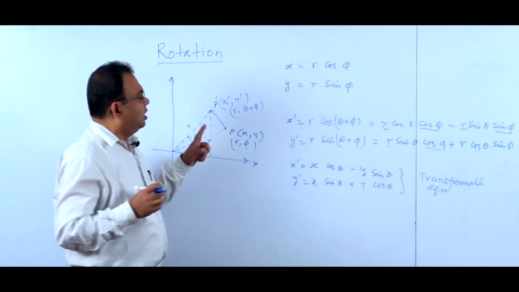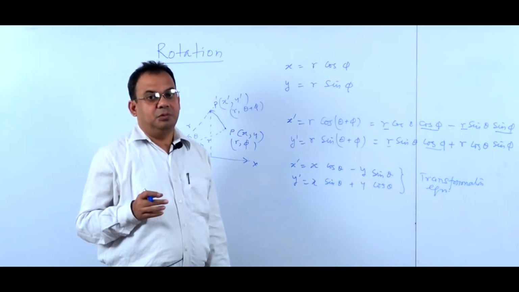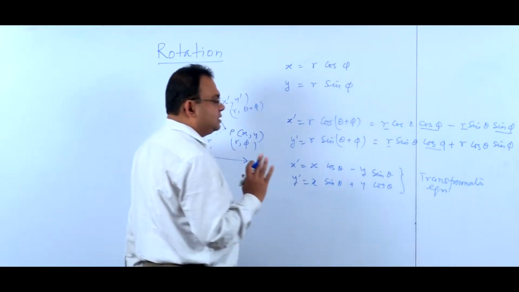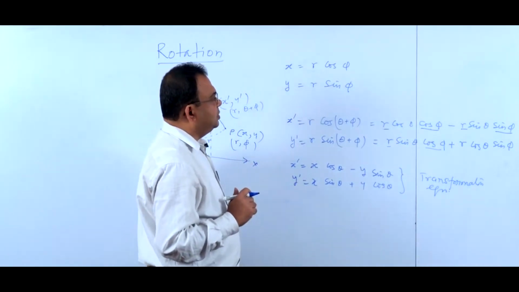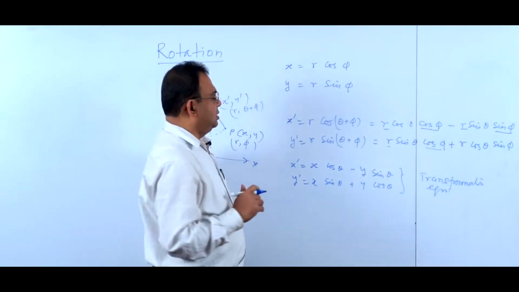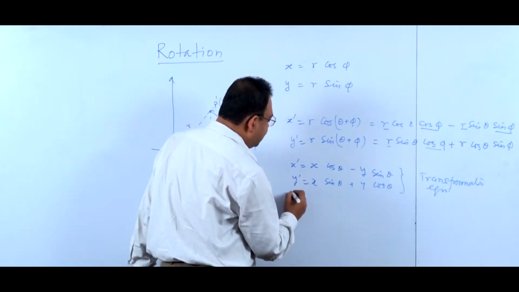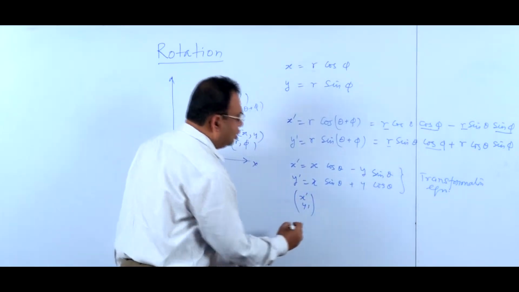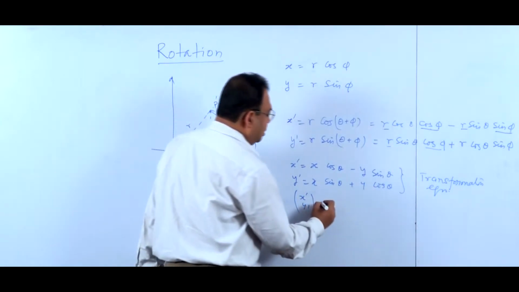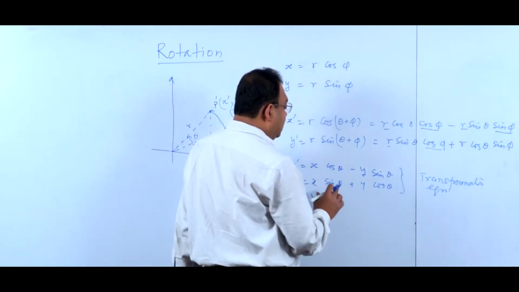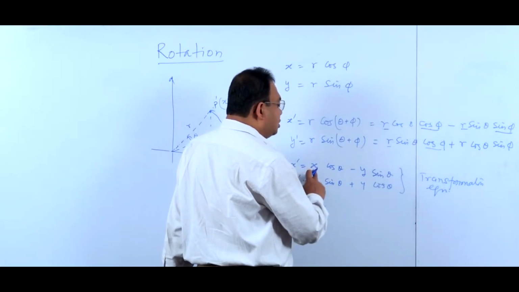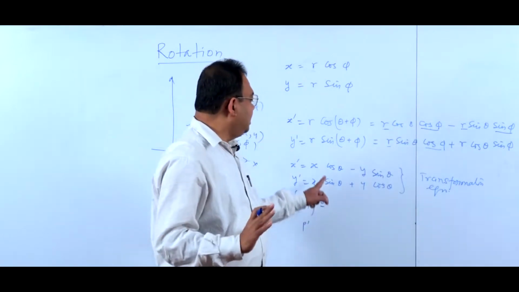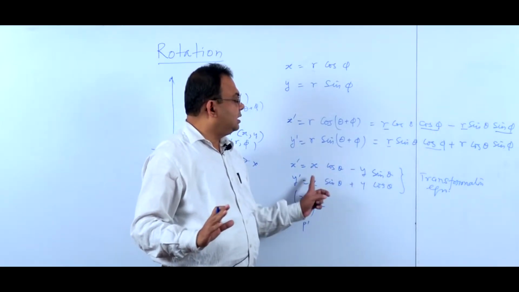Now again, how can this be represented in matrix form? Why matrix form is used, we will come to that point, but let us first see how we can represent this transformation equation in matrix form. So we can write the left hand side as x dash y dash column matrix corresponding to P dash, which is equal to, here we cannot express this transformation in terms of two matrix addition, because the equations are coupled, x and y are coupled.